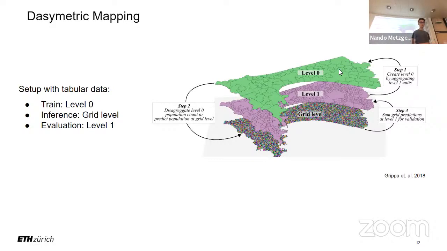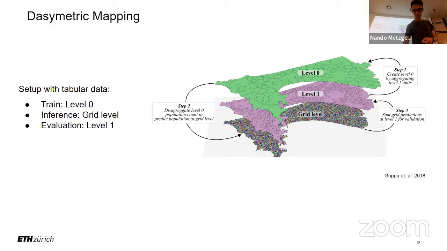And then on this level 0 data, you train a machine learning model. You have to think about it like a tabular setting with some covariates and population. Then you train a random forest, and then you do inference on the grid level. And the third step is that you aggregate those grid level predictions to your original census again to validate your approach.